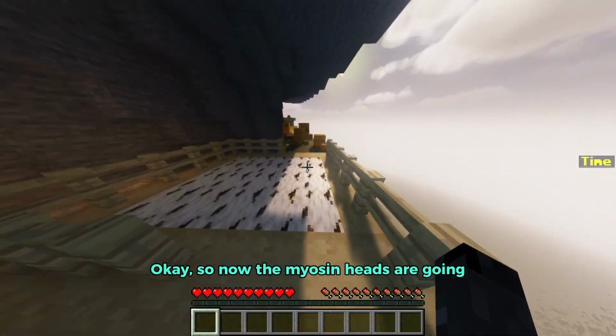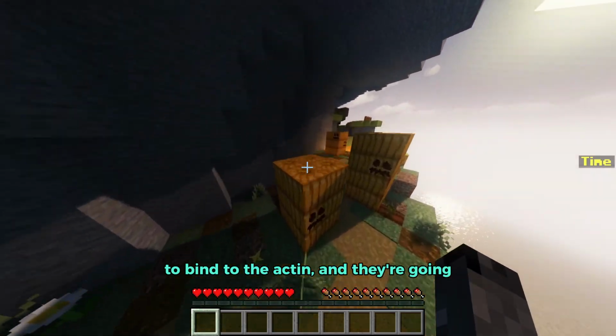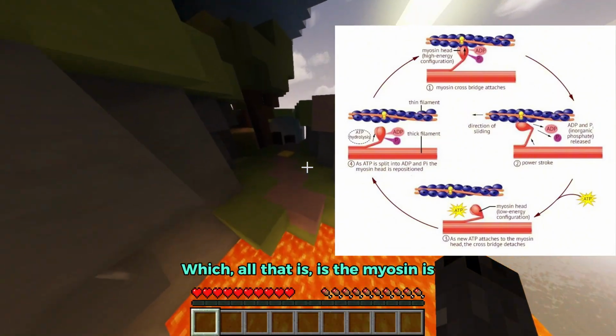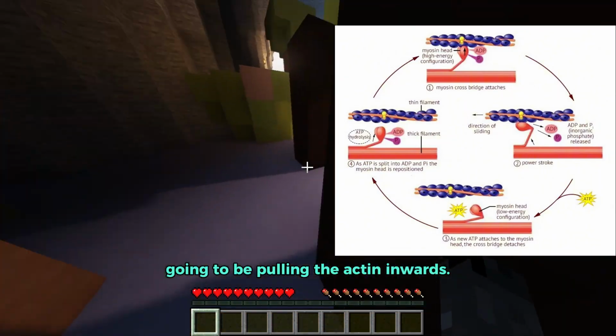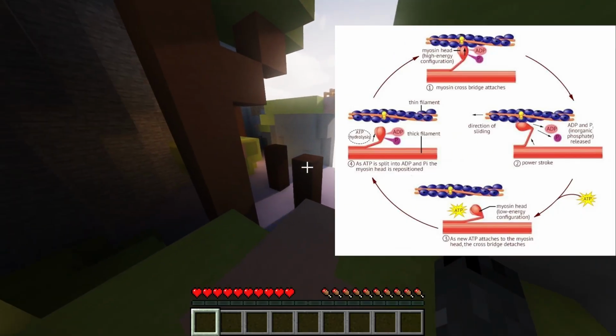Okay, so now the myosin heads are going to bind to the actin, and they're going to perform what's called a power stroke, which is the myosin pulling the actin inwards, and it's going to do this by using ATP.